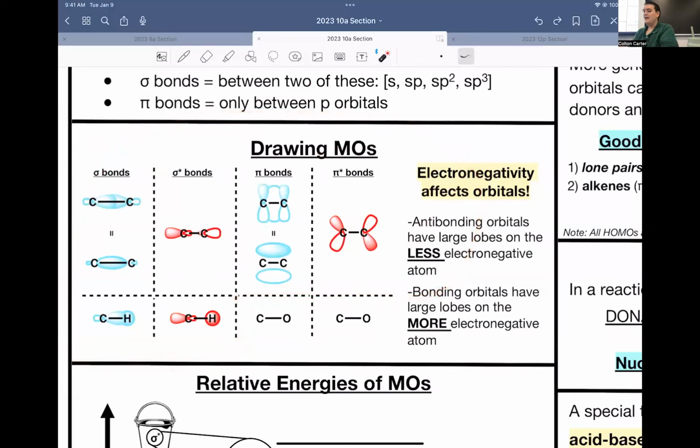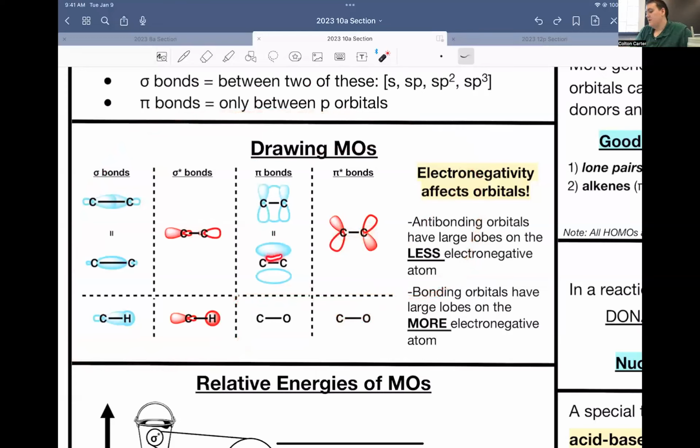The last thing is electronegativity affects these orbitals. So in a CC bond, what's the difference in electronegativity between carbon and carbon? 0. But in a carbon-oxygen bond, which is more electronegative? So in a bonding interaction, you are going to put the electrons closer to the more electronegative atom.